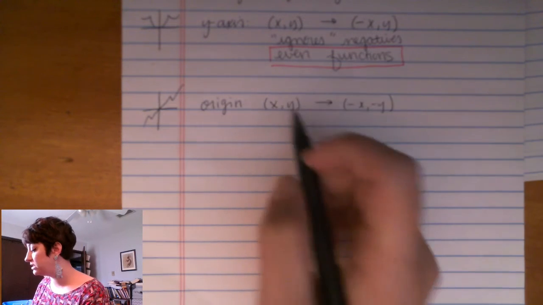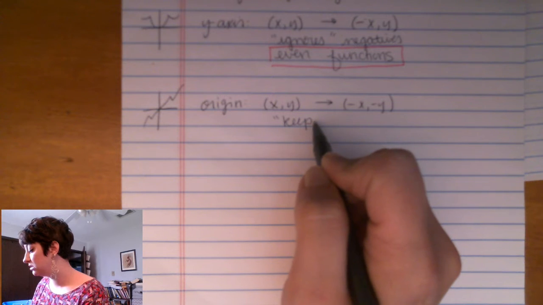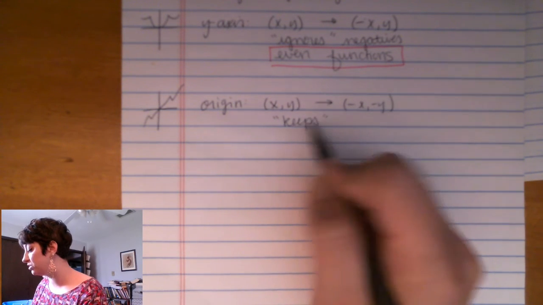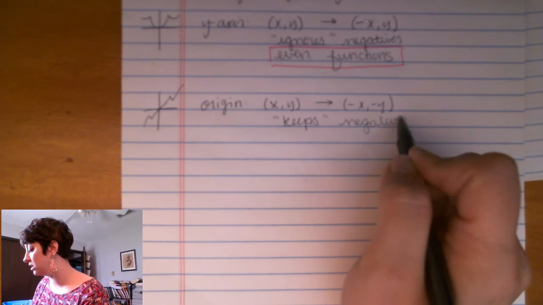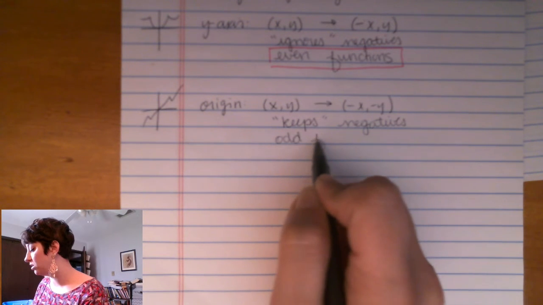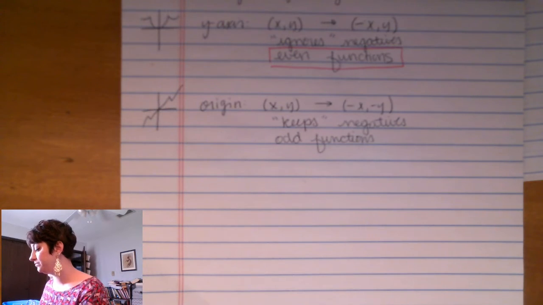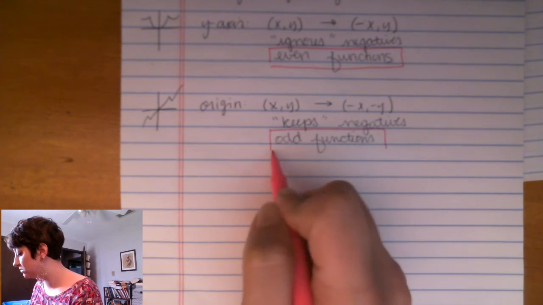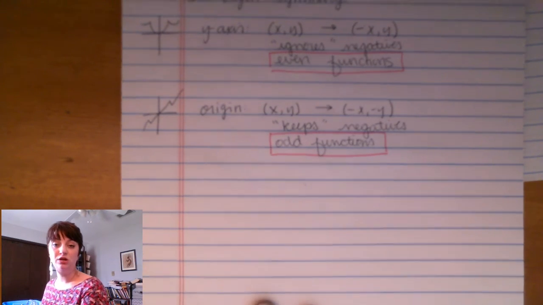So functions like this, a function that has origin symmetry keeps negatives, like x cubed. And for this reason, they're called odd functions. All right, so that's my motivation of even versus odd.